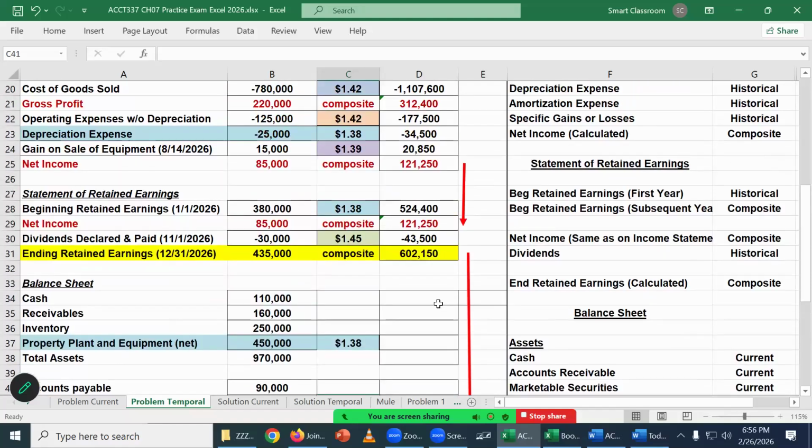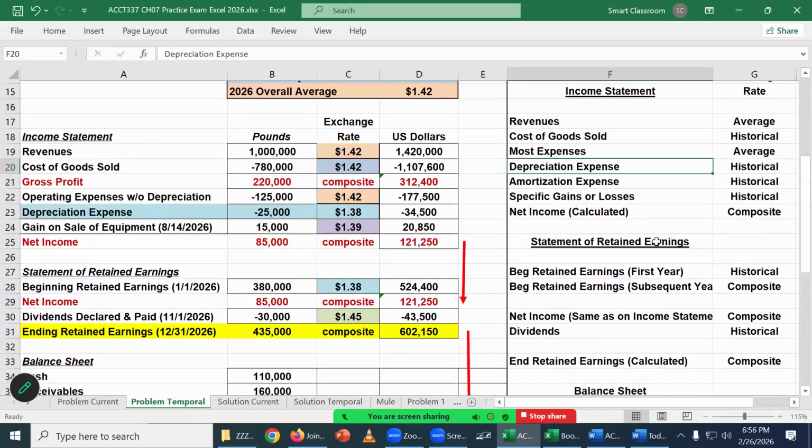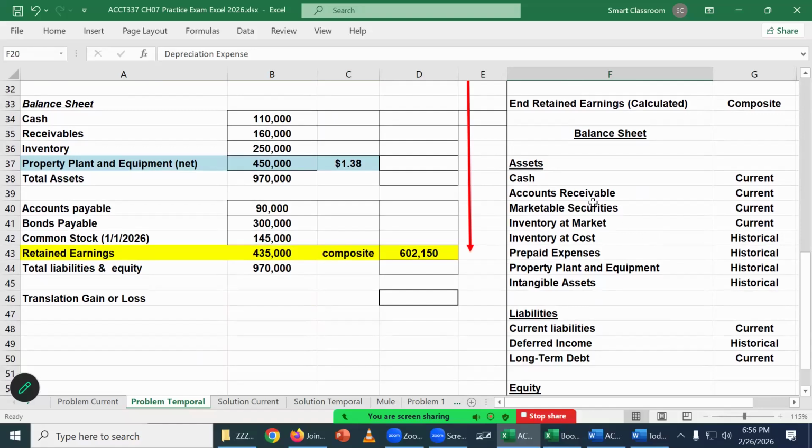Rest of the stuff. All right. Let's go down here to balance sheet stuff. Cash receivables are going to be at the current rate. I'll talk about the inventory in a second here. But let's do the easy ones first. Cash and accounts receivable.